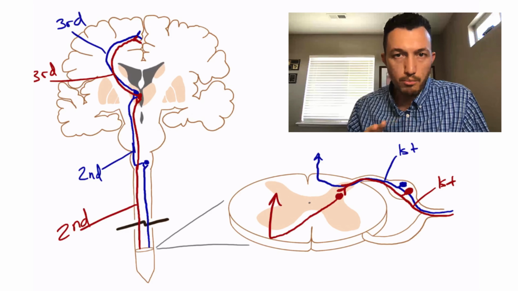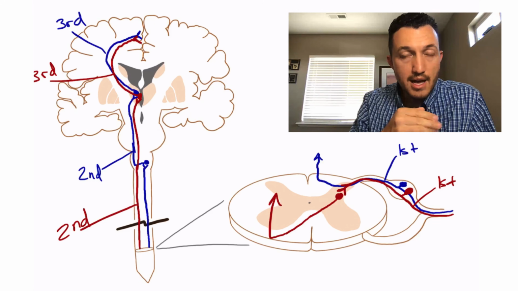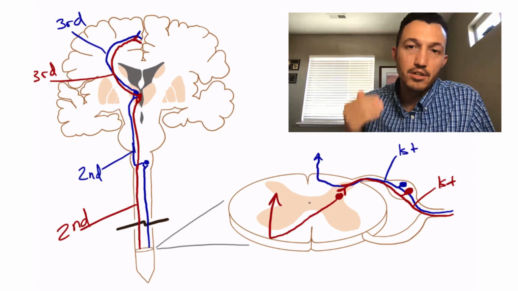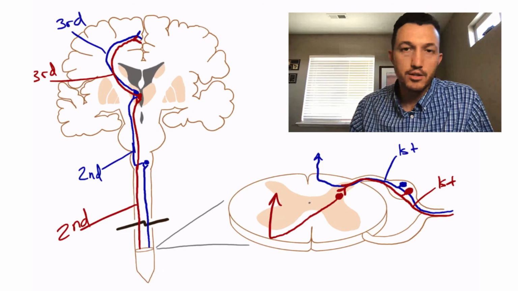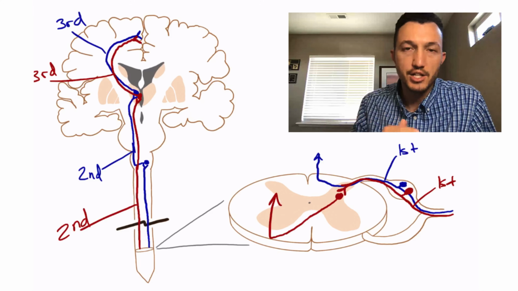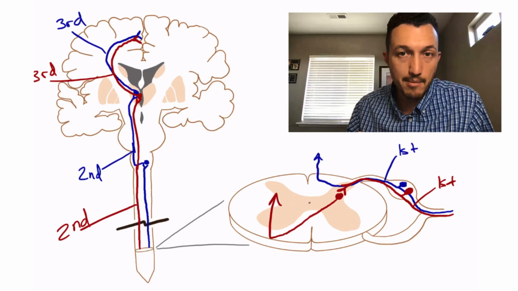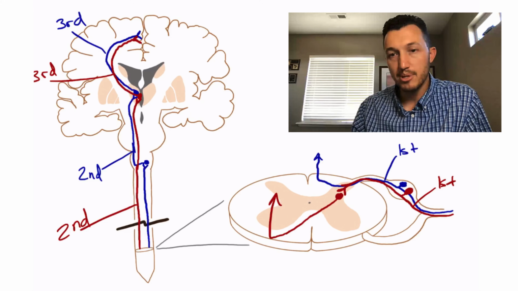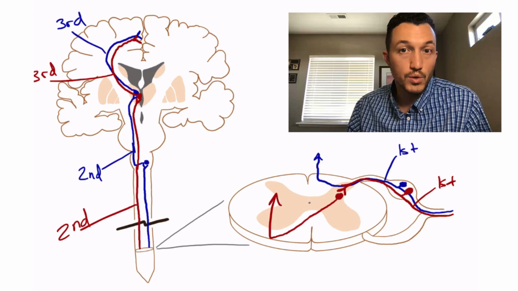Okay, so both pathways, second order neuron is the one that decussates, and it decussates at the level upon which it was synapsed. So for the posterior column pathway, decussation is happening in the lower medulla. For the spinothalamic pathway, decussation is happening at that spinal level where the second order neuron originated.